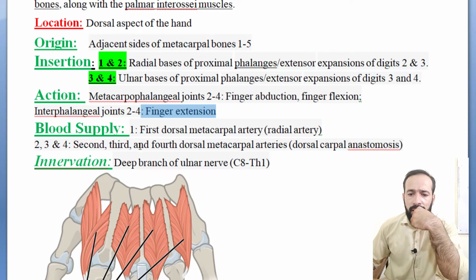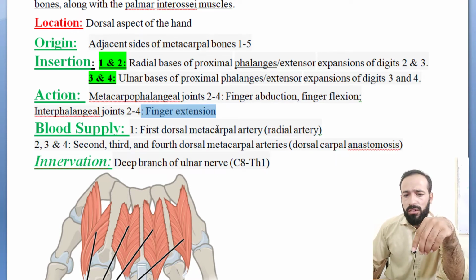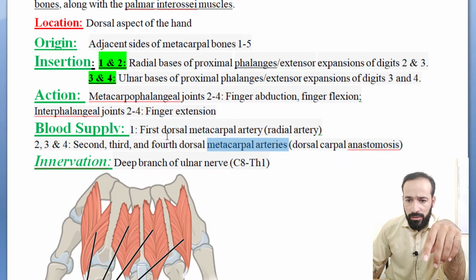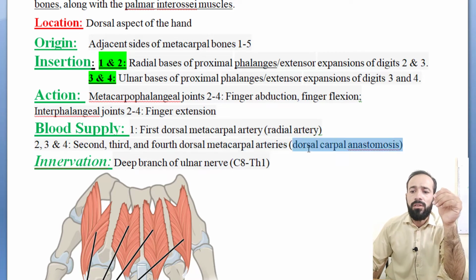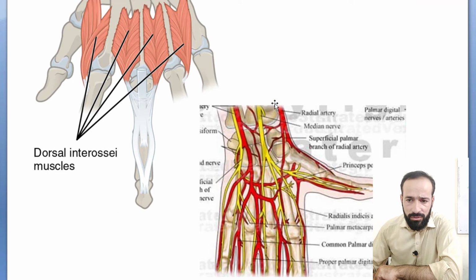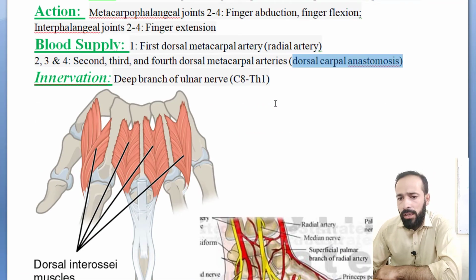And their blood supply: the first dorsal metacarpal artery comes from the radial artery, and the second, third and fourth dorsal metacarpal arteries come from the dorsal carpal anastomosis. Here are all those arteries which you will easily find.